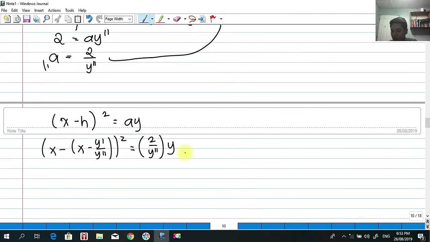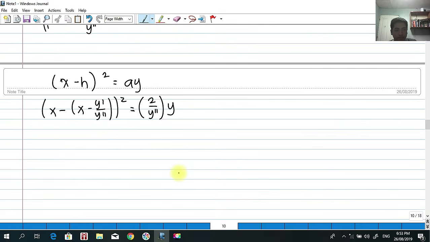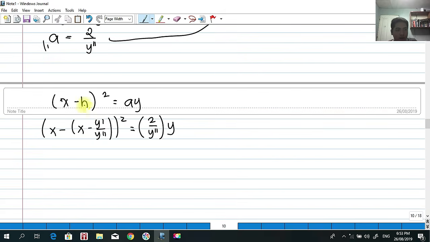Again, we're going to simplify this. It is easier if I distribute the negative sign here: x plus negative y prime over y double prime, squared, equals 2 over y double prime times y.